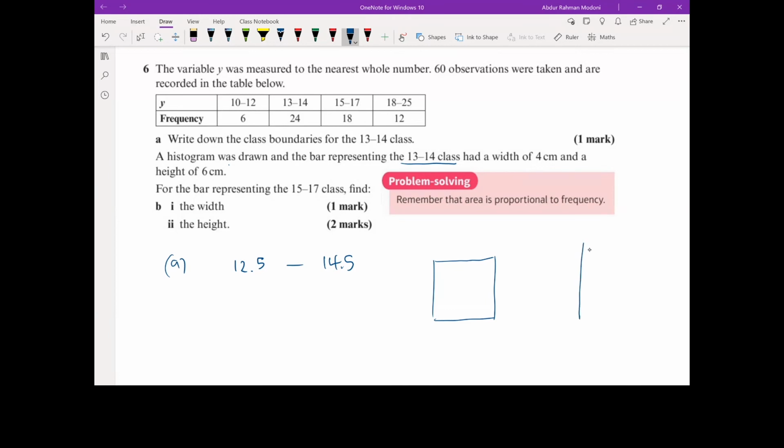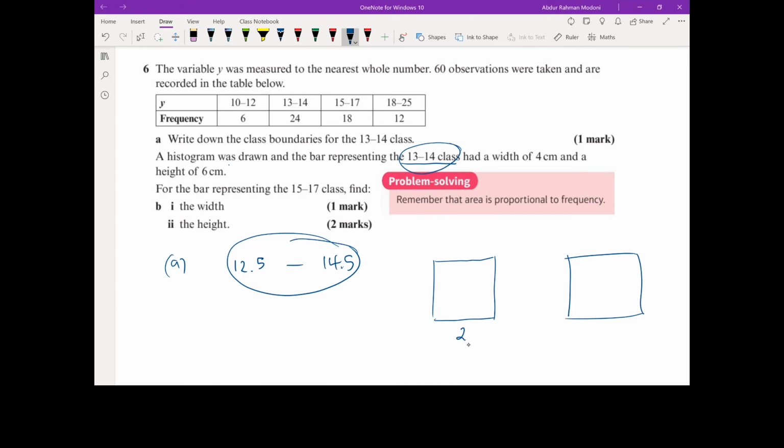I'm going to draw the same bar using two types of information here. First of all, I'm going to use the 12.5 to 14.5, that class width. What is that class width? We can see that the class width is 14.5 minus 12.5. So that's 2 here is the class width.